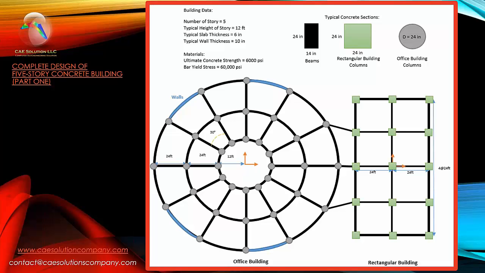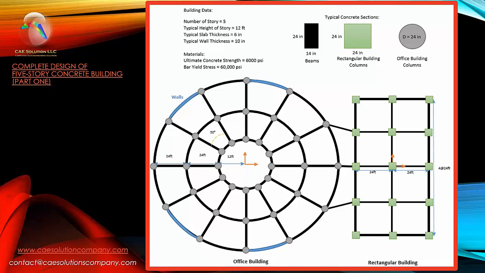The nomenclature of the beams and columns: black is for beams, as you can see around the circumference. This is a plan view. Green is part of the columns for the rectangular building to the right of the view, and the gray circles represent circular columns.